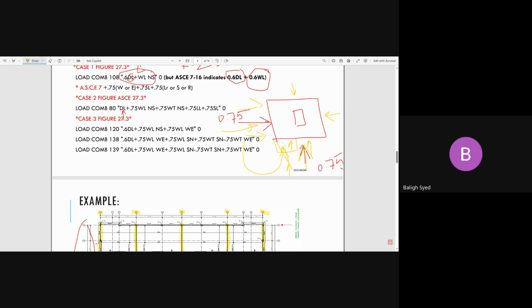This is the centroid and this is my CN, so there will be some torque. I'm not talking about the side pressure or the uplift, I'm just talking about the wind induced torsion on my diaphragm or on my structure.